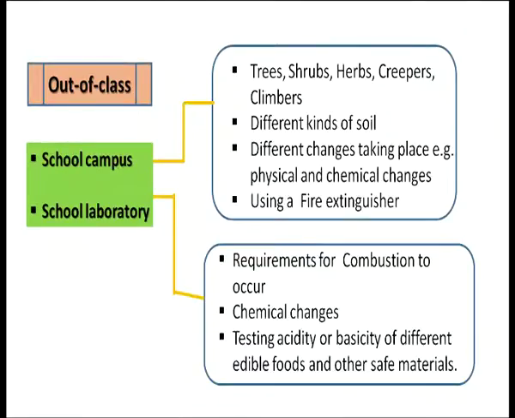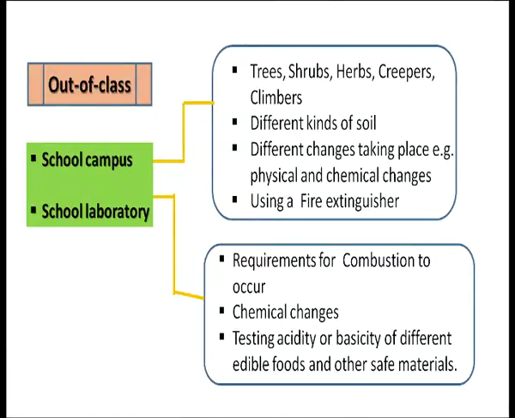So what can be done out of class then? Well, again I have a categorization here. What can be done on the school campus and what can be done in the school laboratory? If I look at the school campus, have a visit outside the classroom and you will see a lot of things around you. Amongst the many things that you see, you will see plants.